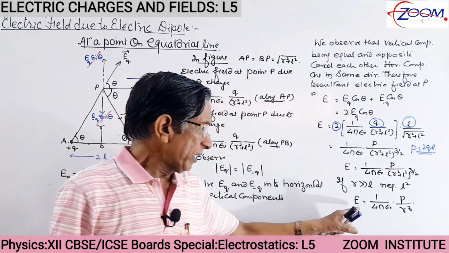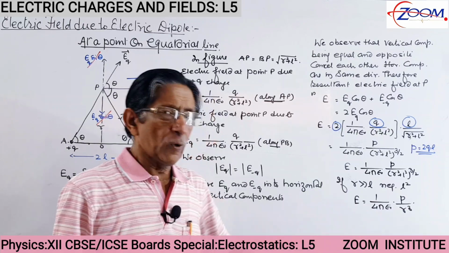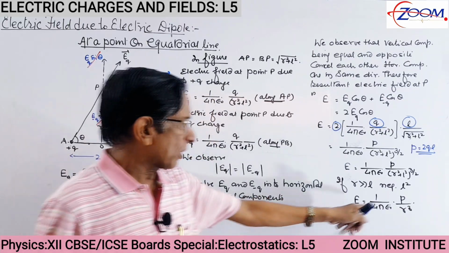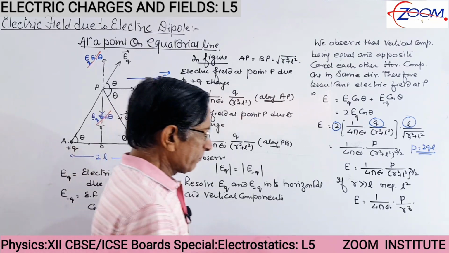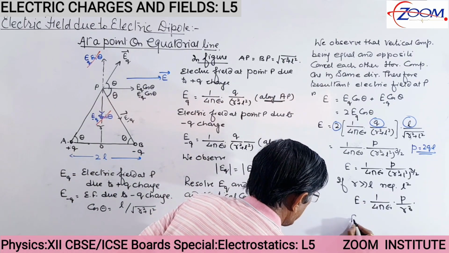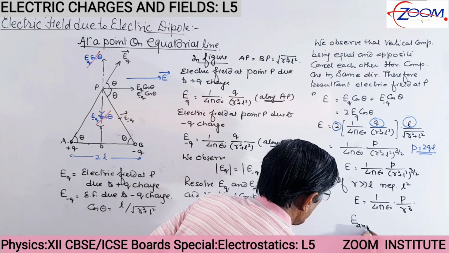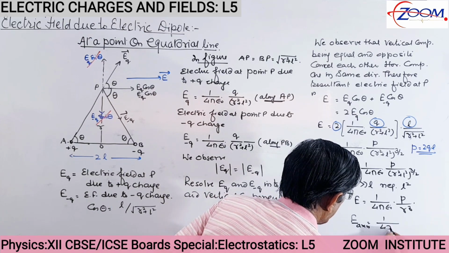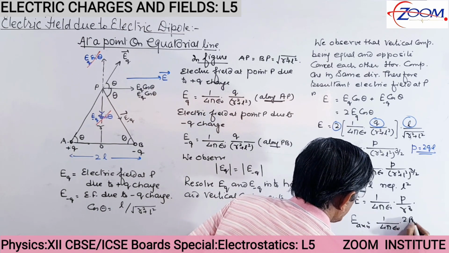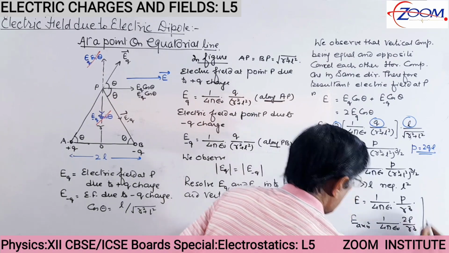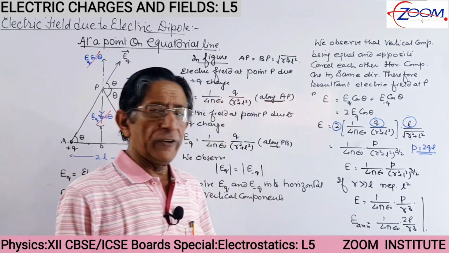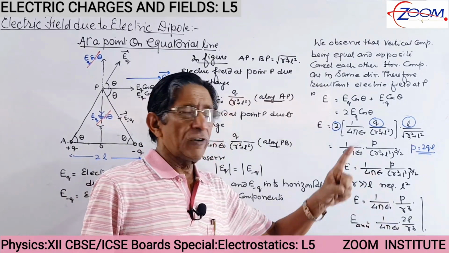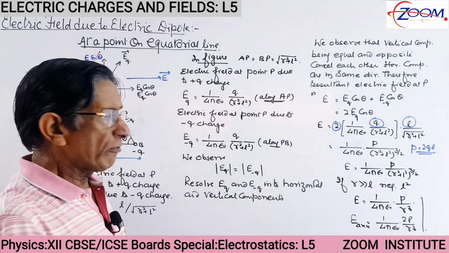Second thing, see here the electric field due to dipole at a point on equatorial line is 1 upon 4 pi epsilon naught p upon r cube. In the previous topic we studied that electric field at a point on axis is equal to 1 upon 4 pi epsilon naught 2p upon r cube. So you can see yourself that electric field at a point on axis is twice that at a point on equatorial line for a given value of r.